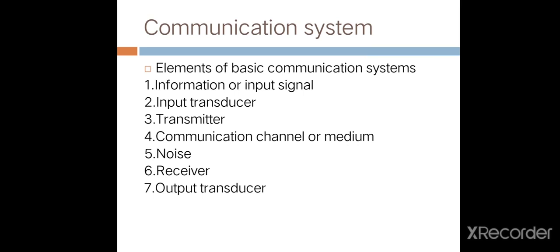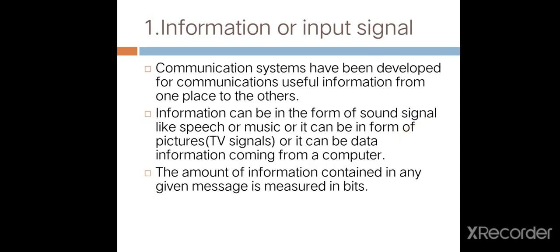Then I will explain the blocks one by one in detail. The first block is information or input signal. First of all, communication systems have been developed for communicating useful information from one place to another place.